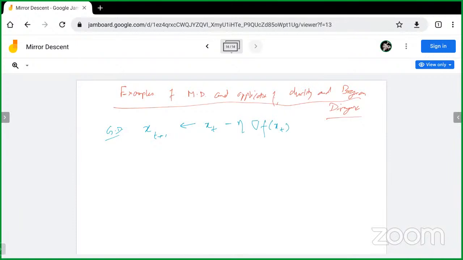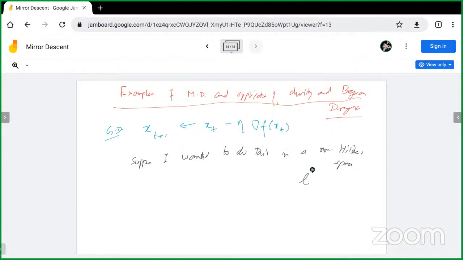Suppose I wanted to do this in a non-Hilbert space. More specifically, suppose I wanted to do this in what's called the L1 space.